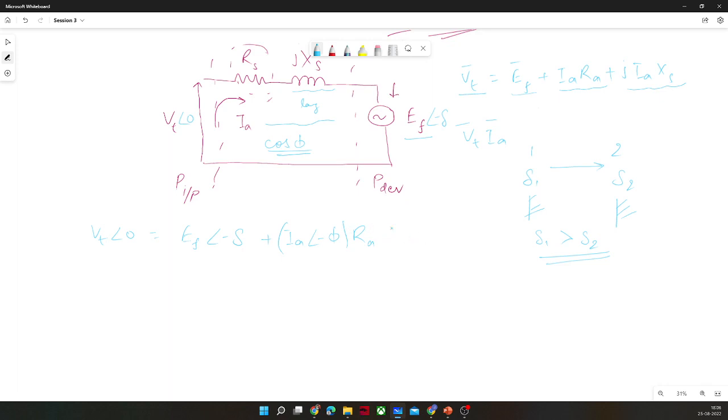Don't worry about phasors. Plus j Ia angle minus phi into Xs. So this is the KVL equation of motor, and we will break it down while we solve the problem here. So any issue in this equation or circuit?